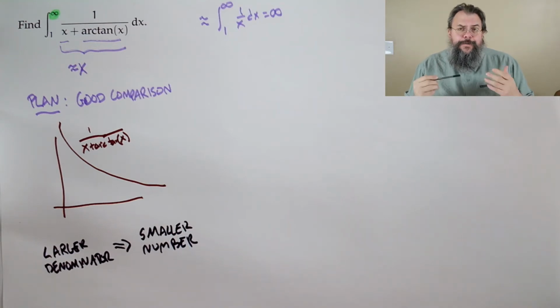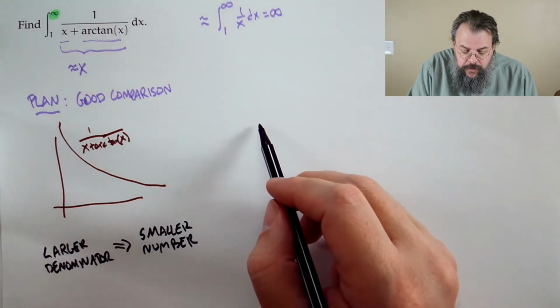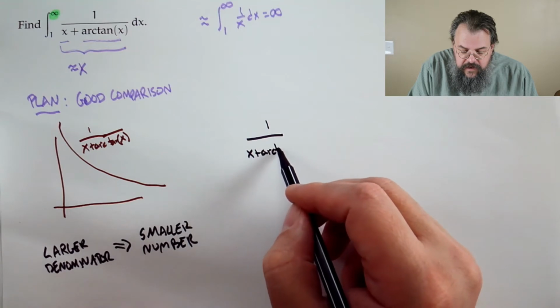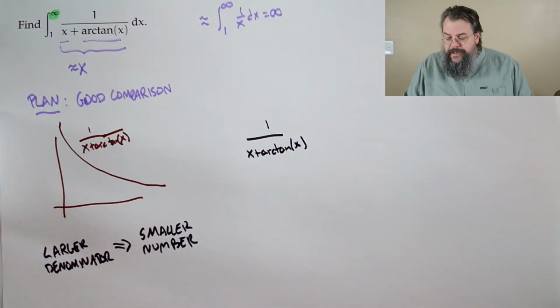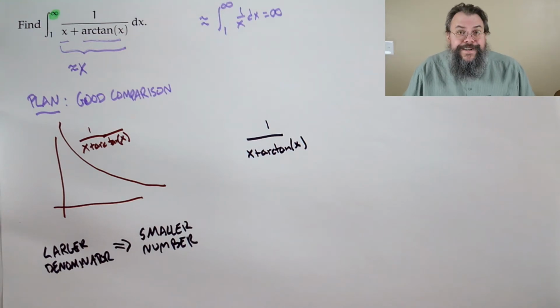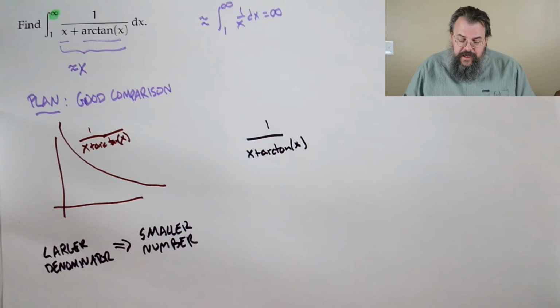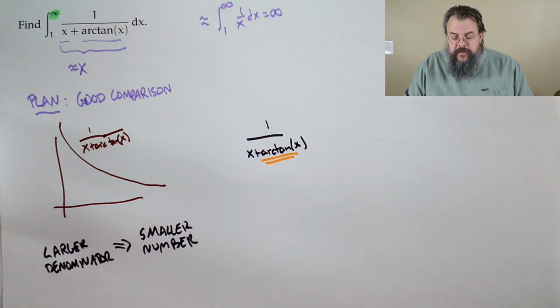Now, how are we going to use this? Well, let's think about 1 over x plus arctangent of x. The part that's making this hard to integrate is the arctangent.